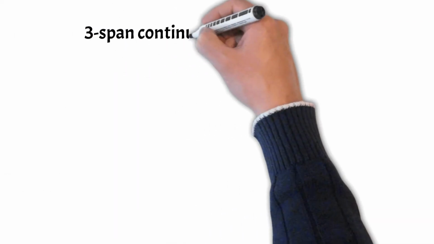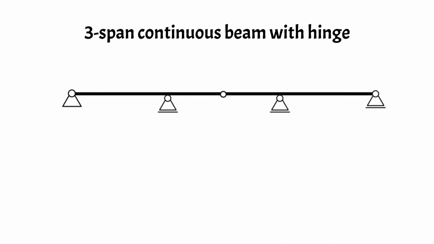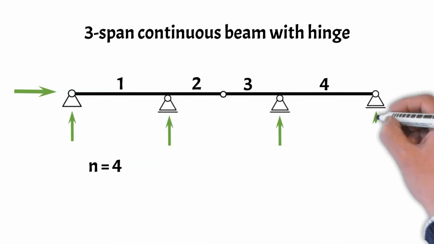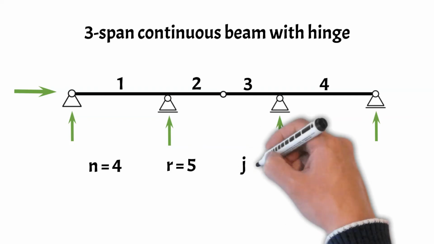A 3-span continuous beam with an internal hinge. We can again define N equals 4 because now we have 4 bar elements. R is the number of support reactions. That's still the same. It's 5. J is the number of joints. Now we introduced 1 more joint, so it's 5 now.